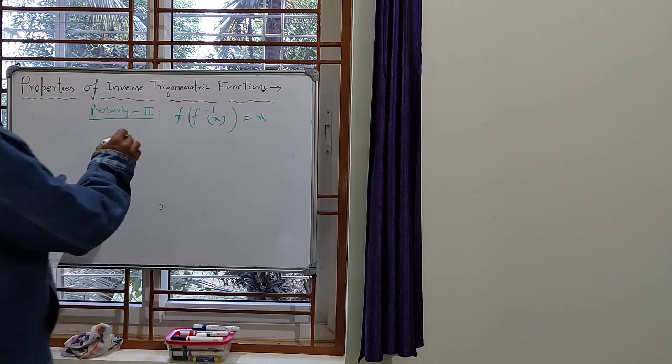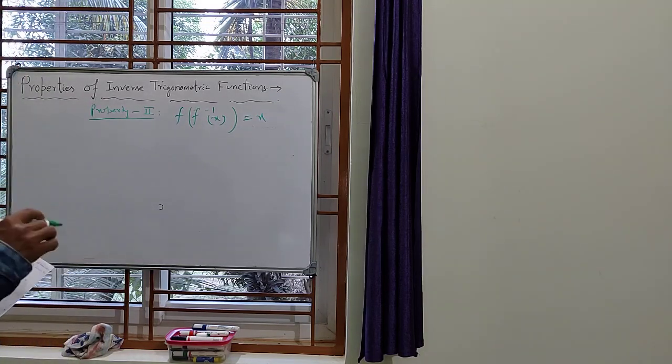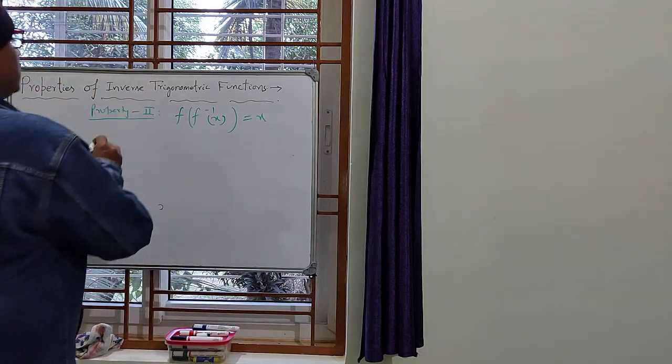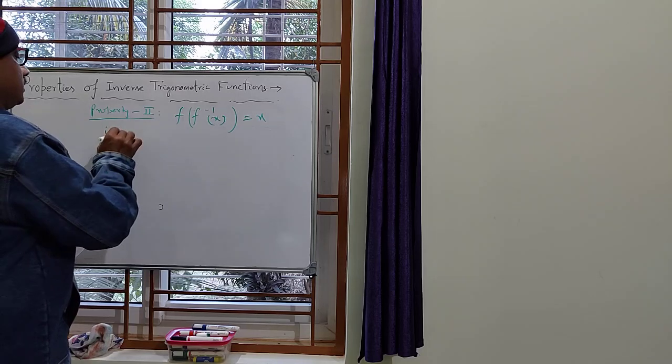Therefore, property 2 also has 6 different sub-properties.